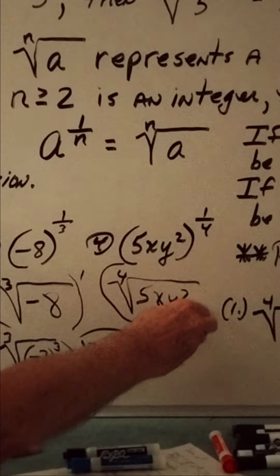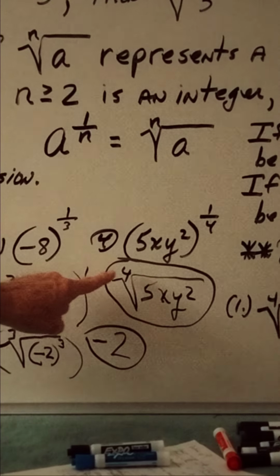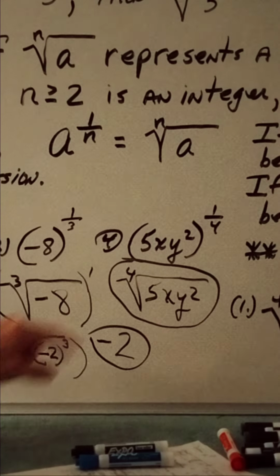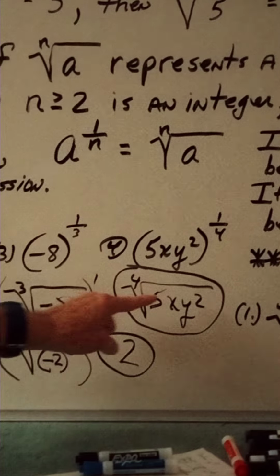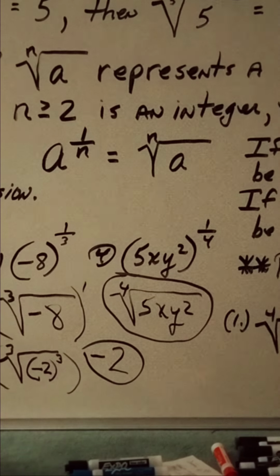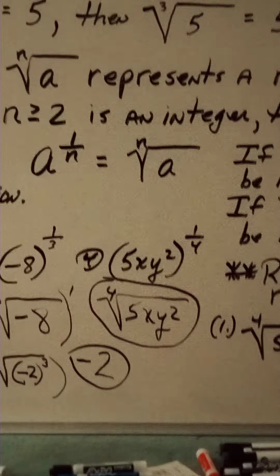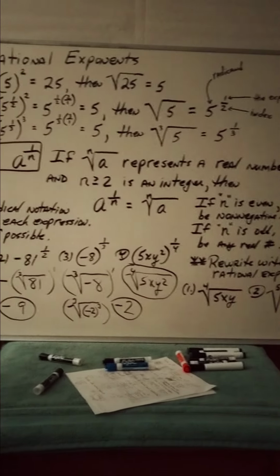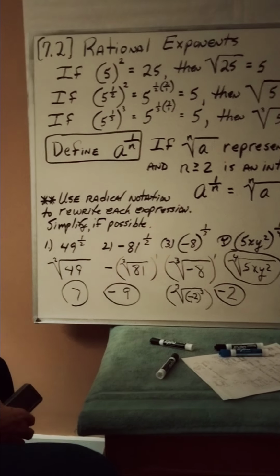We have written it in radical form, and we are not able to do anything with this because we don't have any perfect fourth powers, or we're not able to get any perfect fourth powers out of that. So that's taking exponential expressions with rational exponents and rewriting them in radical notation.